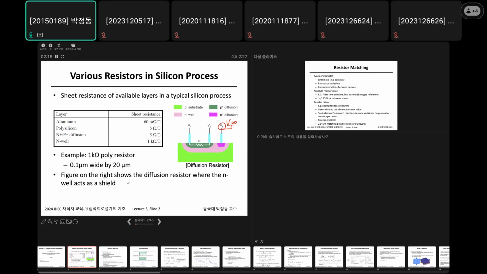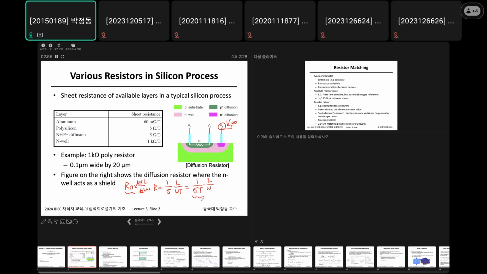So typically the resistor is expressed in terms of resistivity, right? Resistivity and width and length. So basically R is 1 over sigma times the length over the width and the thickness. You just rearrange this, and it becomes length divided by width, right?